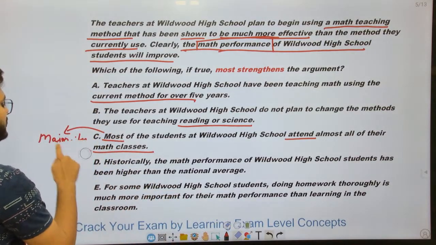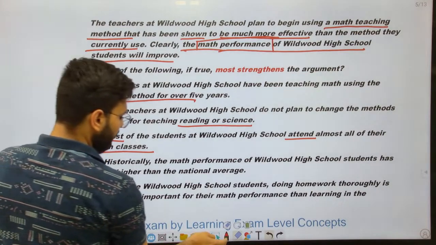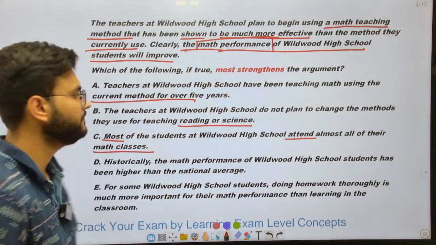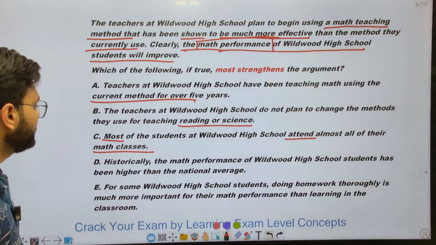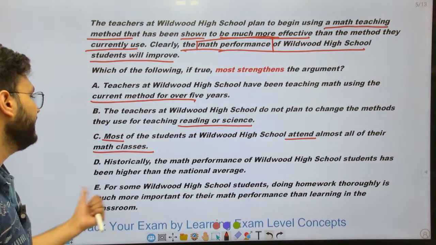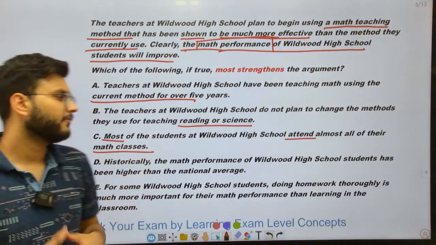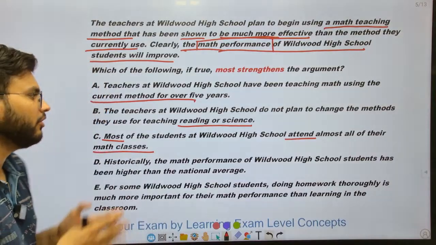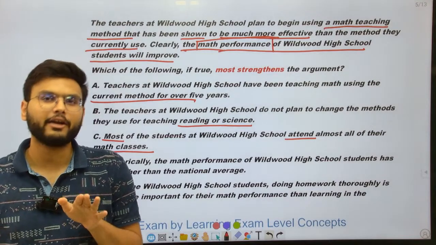But let's first check the other choices as well, because I have to choose the most strengthening option, because it is said most strengthens. A and B are out. C could work. Option D: historically, the math performance of the Wildwood High School students has been higher than the national average. Now think about it. It is already higher than the national average, but it does not mean something higher cannot be improved.